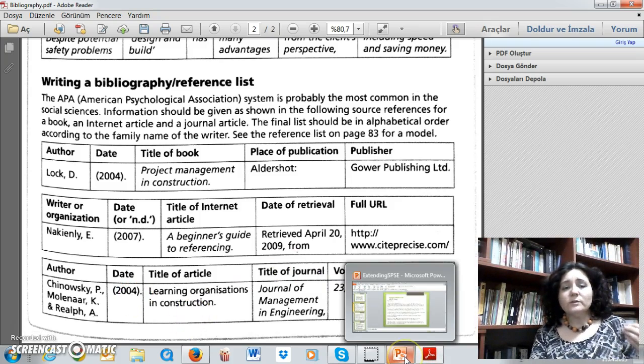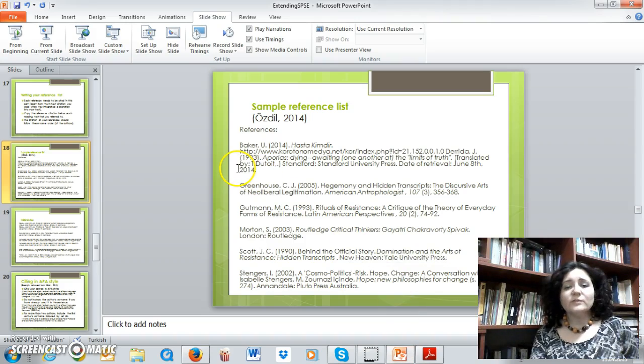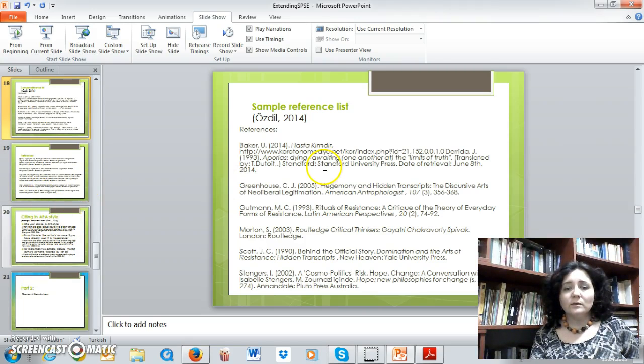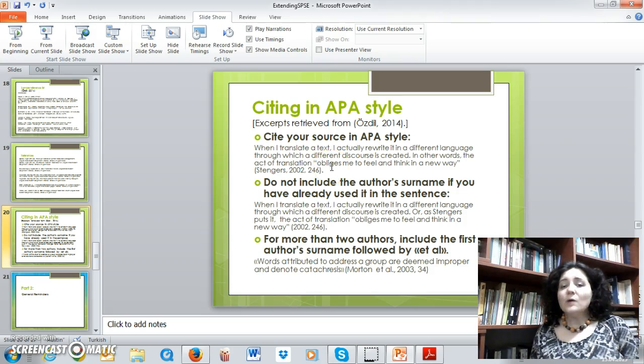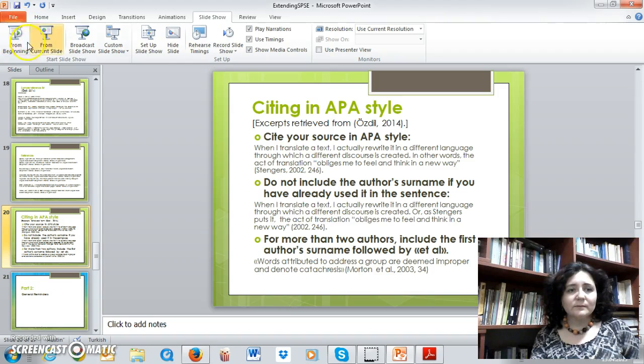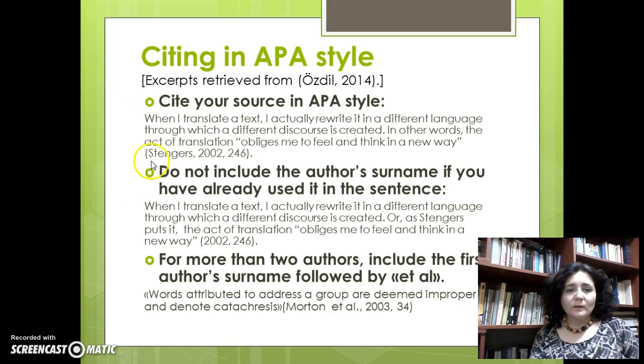Now, in order to understand the nature of the reference list, first you have to remember how we use in-text citation in APA style. It looks something like this. We have the surname of the writer, the publication year, and the page number.